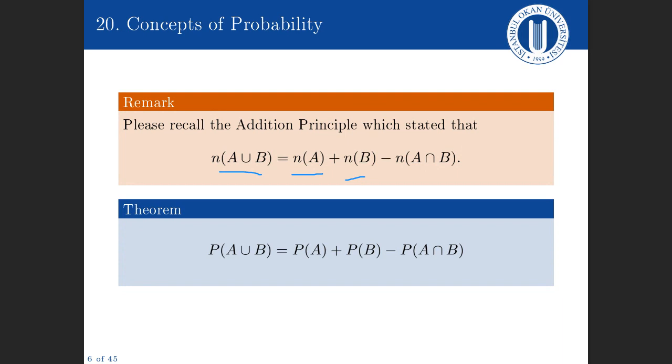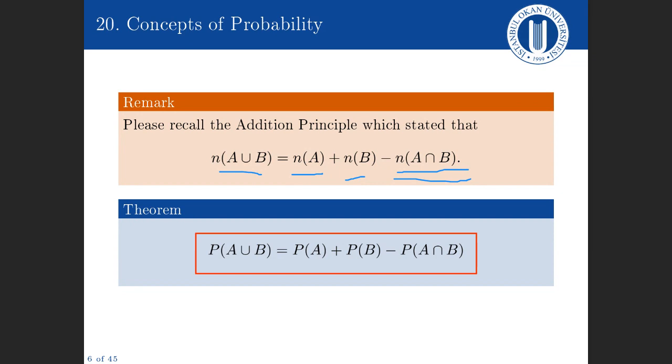So to take care of that, we do minus the number of elements in A intersection B. This week I'm introducing a similar formula, a formula for probability. The probability of A union B is equal to the probability of A plus the probability of B minus the probability of A intersection B.